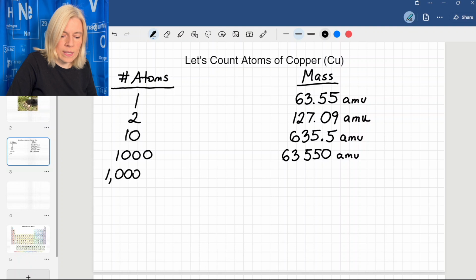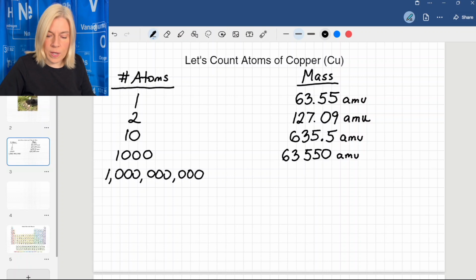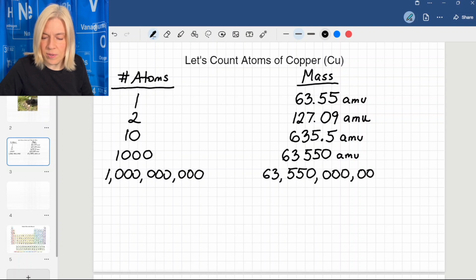So that's 1 with 9 zeros. 1 billion atoms of copper. Wow, that becomes 63 billion 550 million AMUs. That seems like a lot, doesn't it?